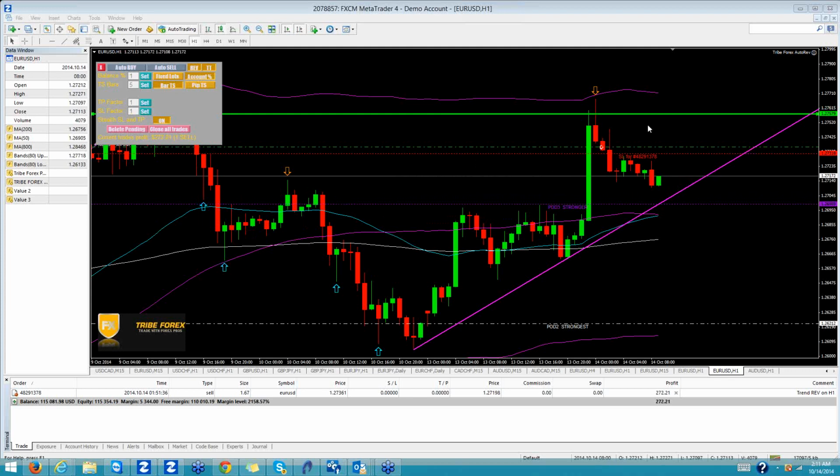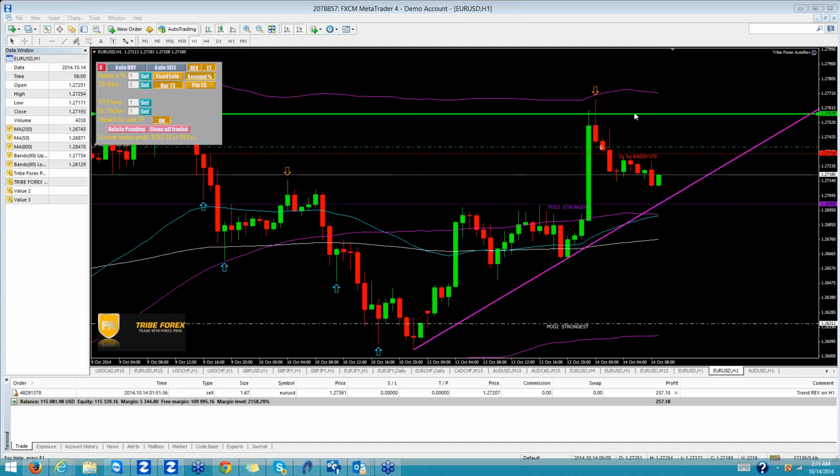Now, you're going to notice a couple things here. You're going to notice that price moved down in our direction, and that price moved to break even. You're going to notice that this red SL line, that is our stop loss, sorry.